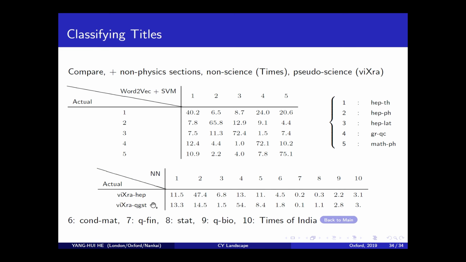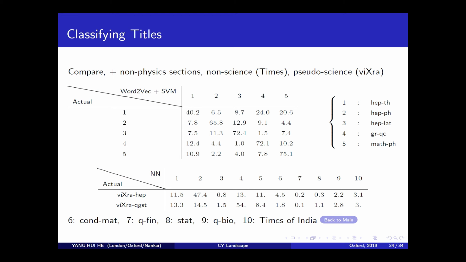I love this experiment we did. They have their own sections: high energy physics, quantum gravity, and string theory. Syntactically, they don't have their own consistent syntax. If you try to do this with the arXiv sections against the viXra sections, it's almost diagonal. The words are there.